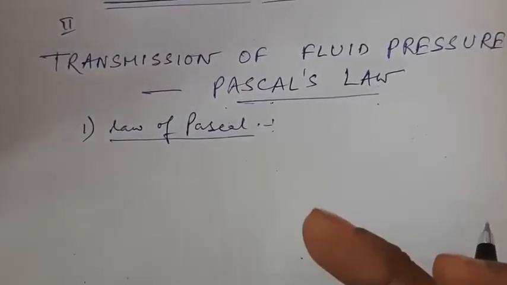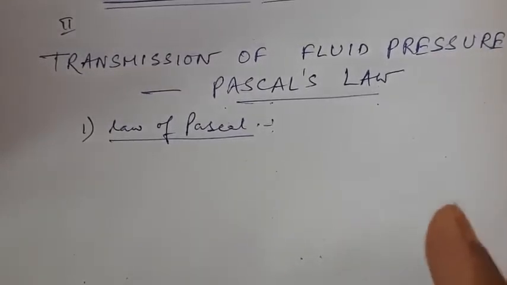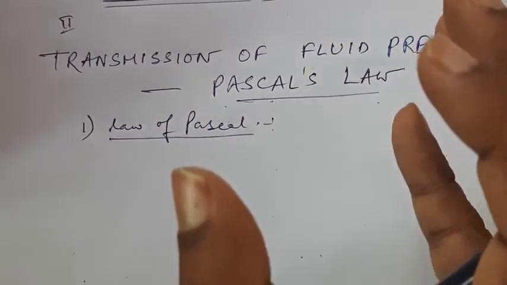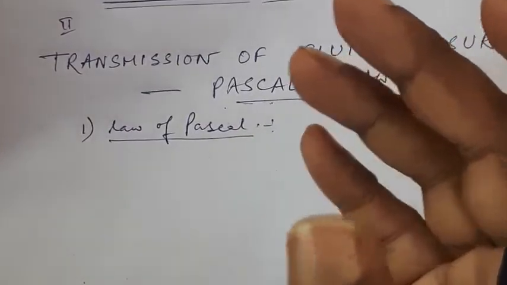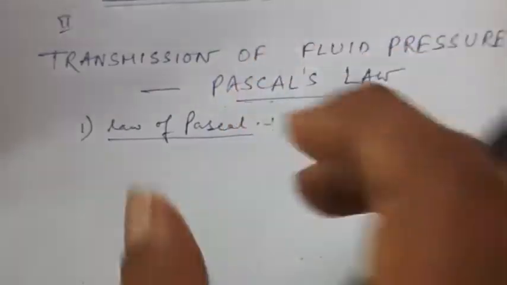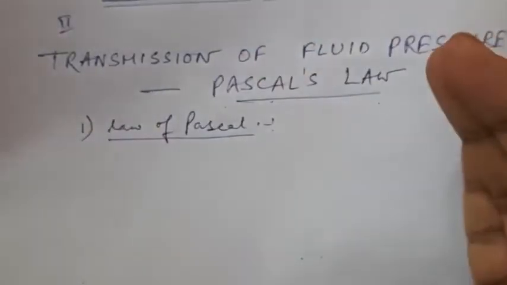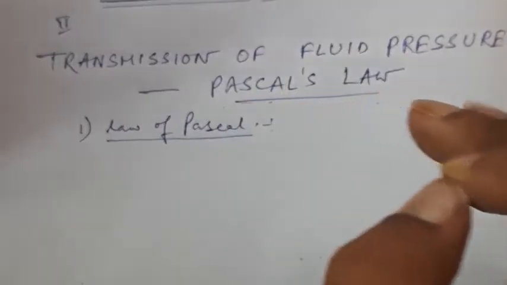The pressure applied at any point of a confined liquid. The liquid should be confined. It is transmitted with undiminished, or the same, magnitude in all directions throughout the fluid, and acts normally on the surface in contact with the fluid.